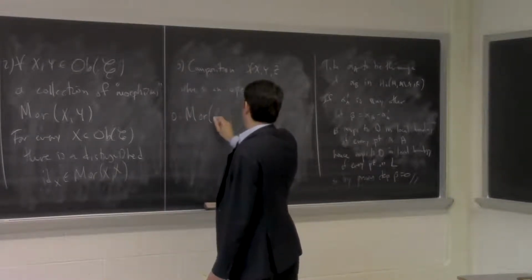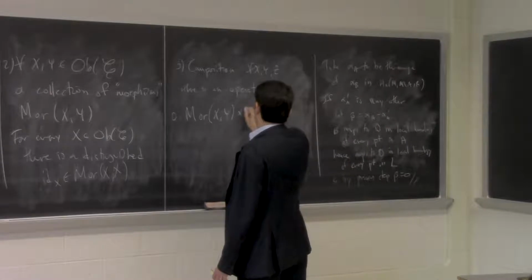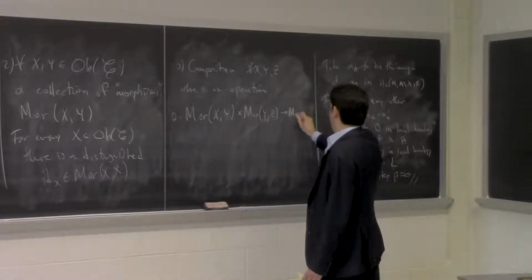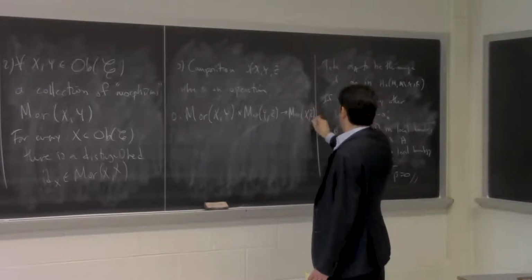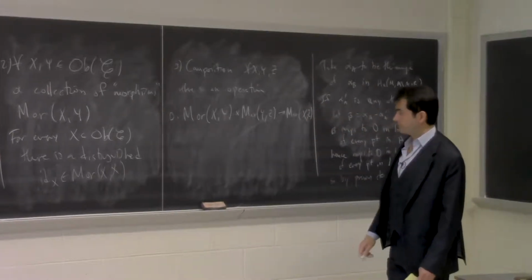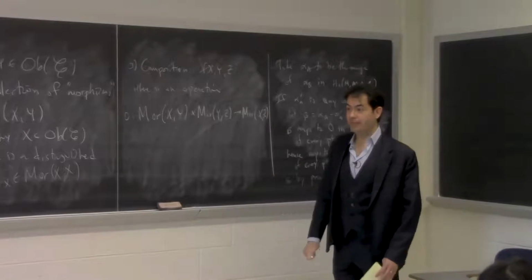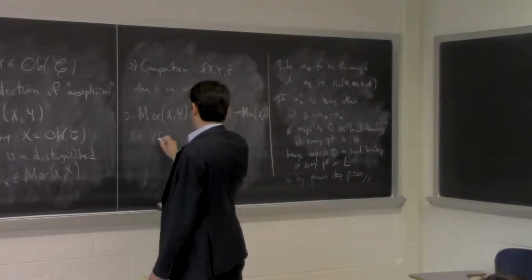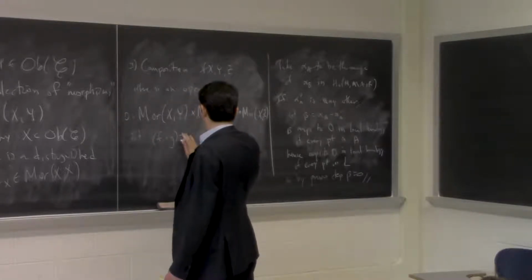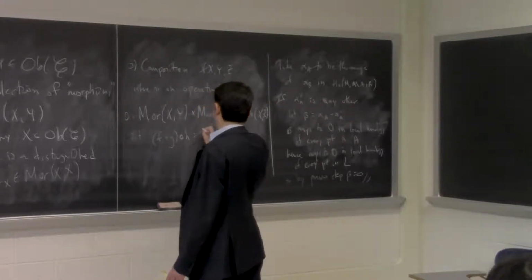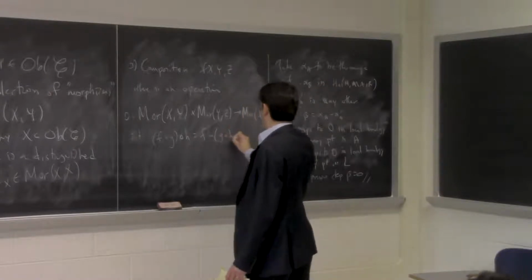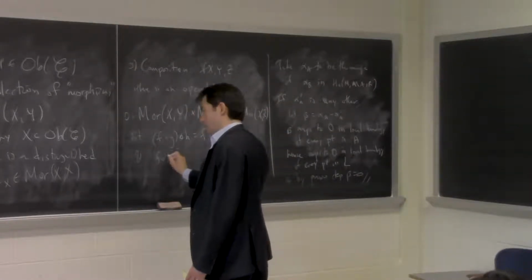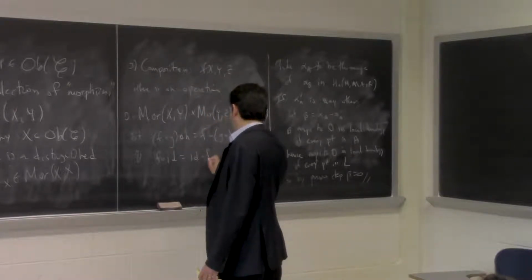That goes from the morphisms of xy times the morphisms of yz to the morphisms xz. So it's like a composition. Such that it's associative, and it commutes with identities.